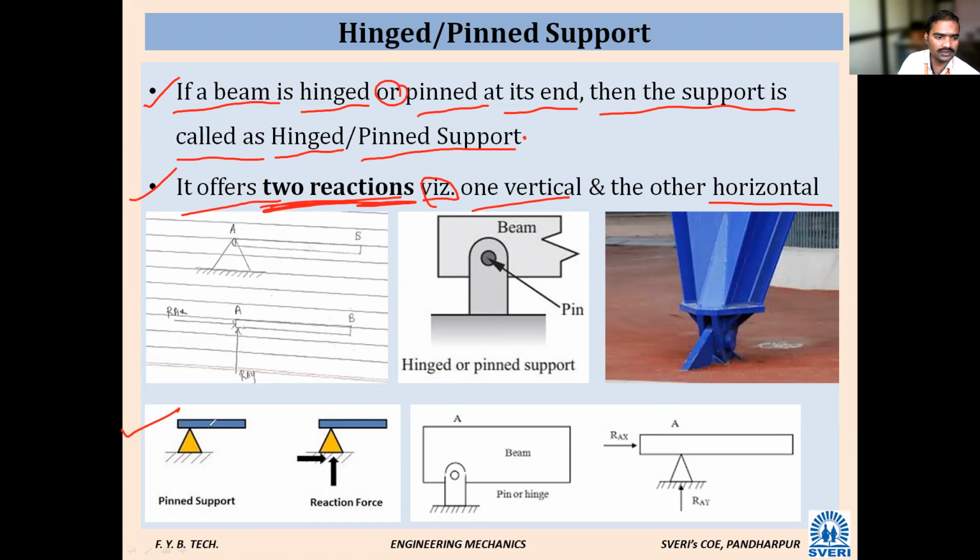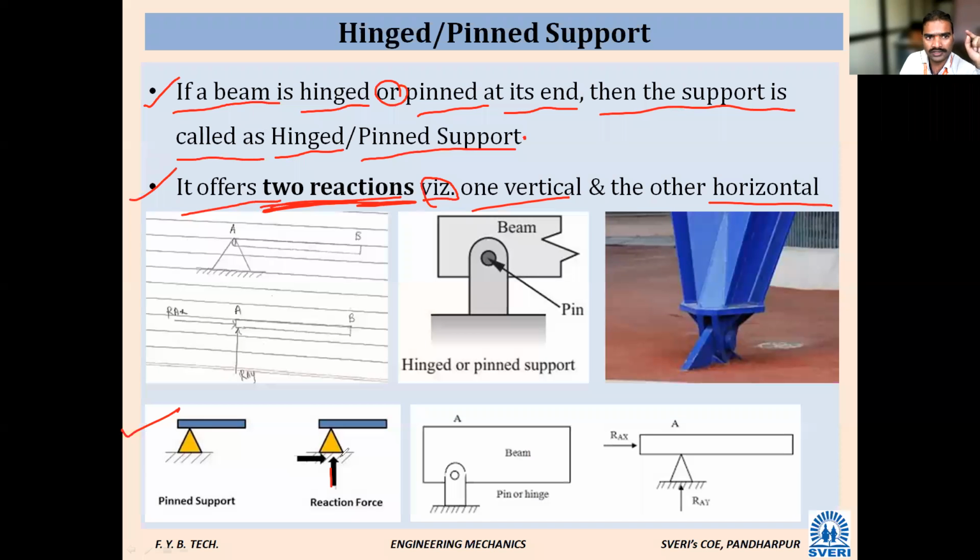How is it? There is a member. For that member, it is a support. Which type of support is it? It is pinned support. When you remove this pinned support, the reaction forces are two forces: one is vertical and one is horizontal. In the simply supported, how many reactions are developed? One. In the roller support, how many reactions are developed?